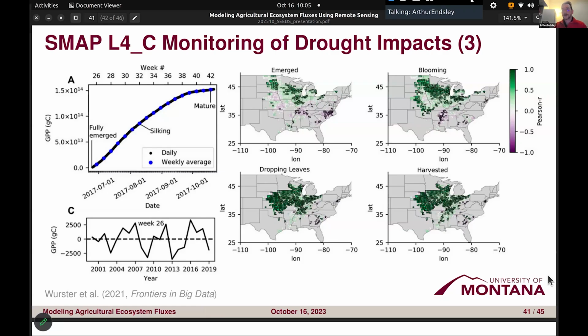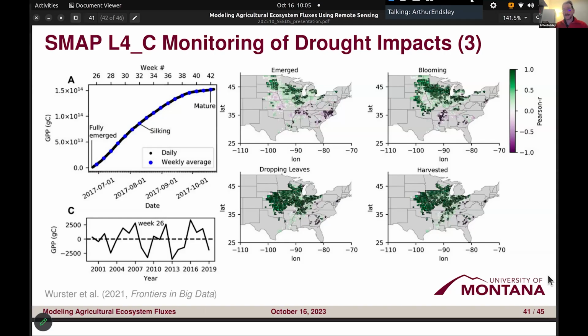Working with some colleagues who had actually developed a statistical index of crop condition, we were able to show that this works really well for certain phenological stages in corn in the Midwest, where we have strong correlations between this index and field-observed crop condition, the crop condition reported by farmers. So they're agreeing with this index.